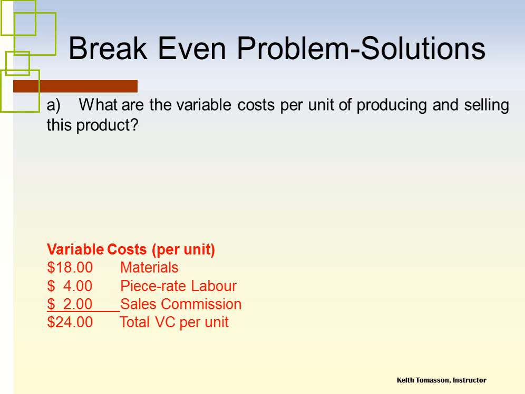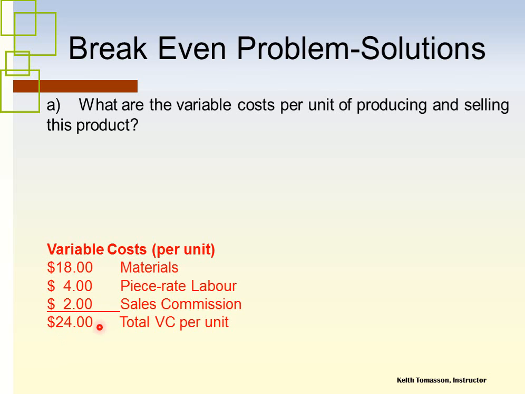And we also had sales commission. We know the sales commission was a variable cost because it's based on the number of units sold. And the sales commission, we said, was 5% commission on the total sales. So if the sales price per unit is $40 per unit, as given in our example, the commission would be 5% of $40 or $2 per unit.